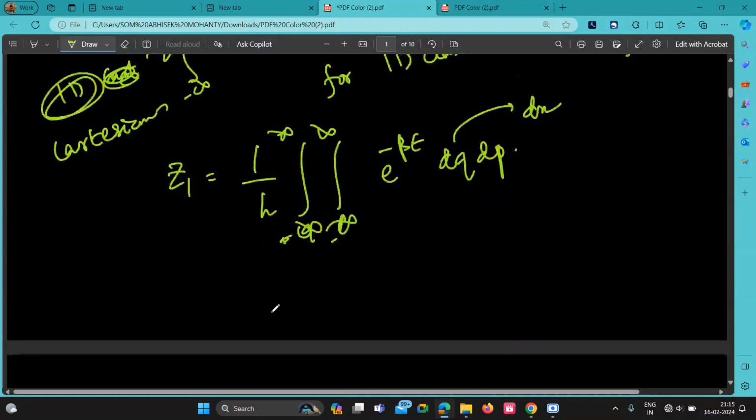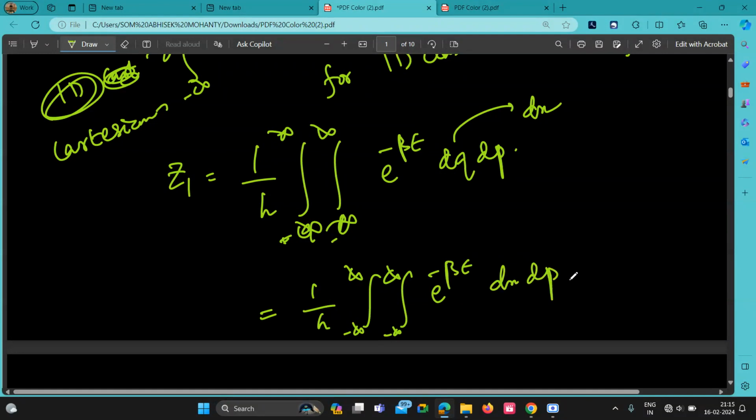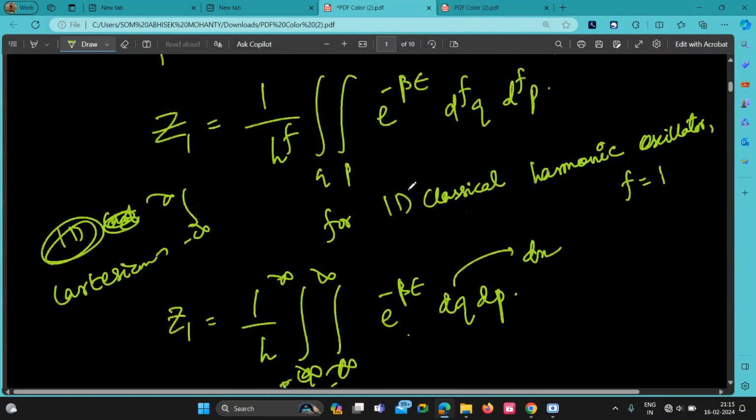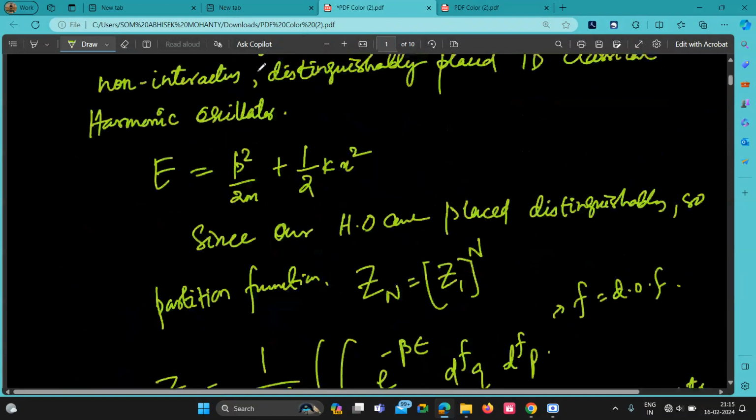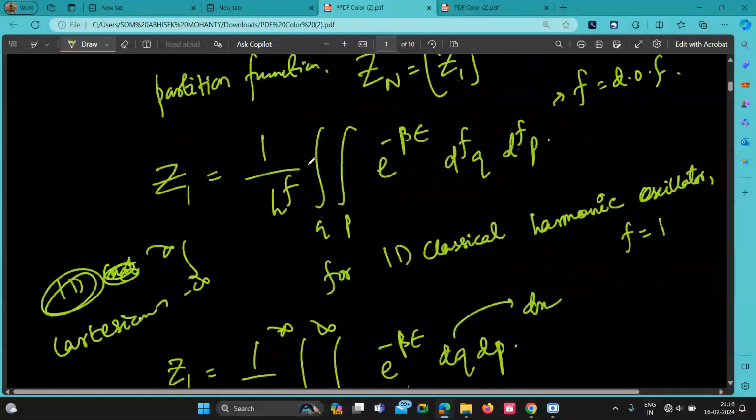So 1 by h integral of e to the power minus beta epsilon dx dp. What is our energy value? Energy is p squared by 2m plus 1 by 2 kx squared.